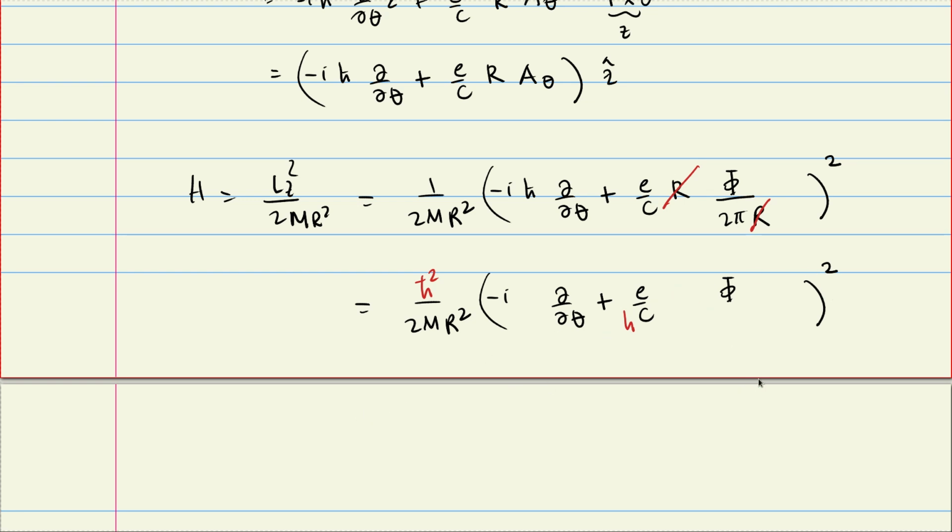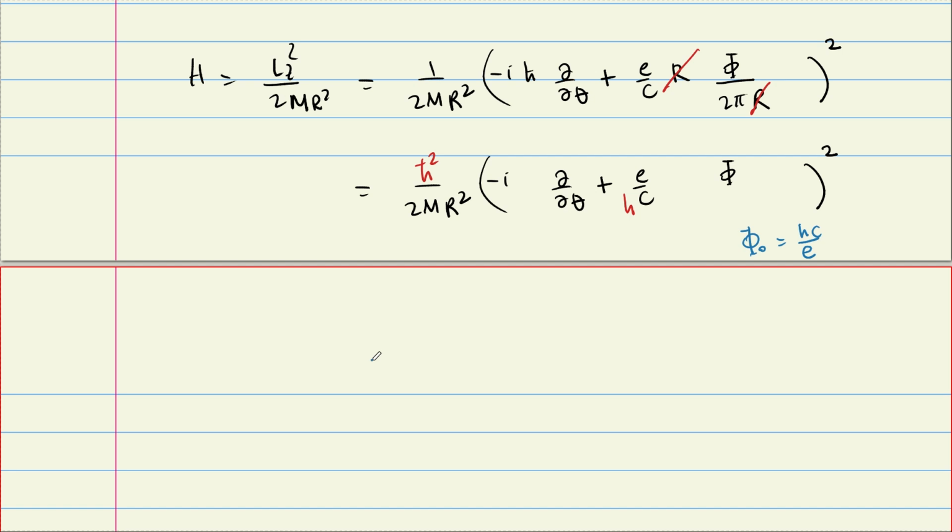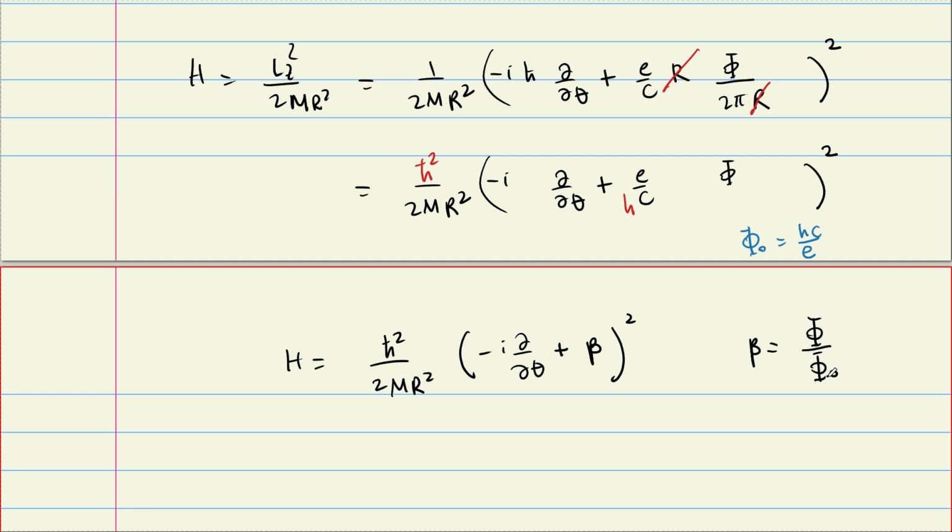And here I want to define a flux quantum. Let's define the flux quantum phi naught equal to hc over e. Then this Hamiltonian becomes H equals h bar squared over 2 m r squared times minus i del over del theta plus beta, all squared, where beta is equal to phi over phi naught.